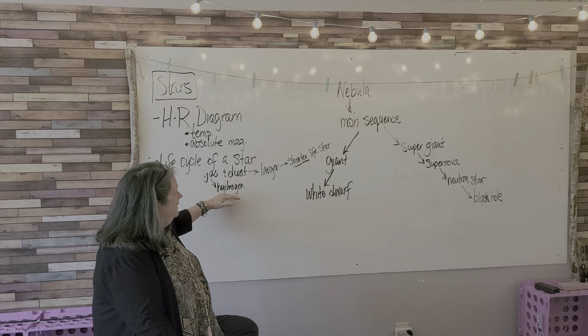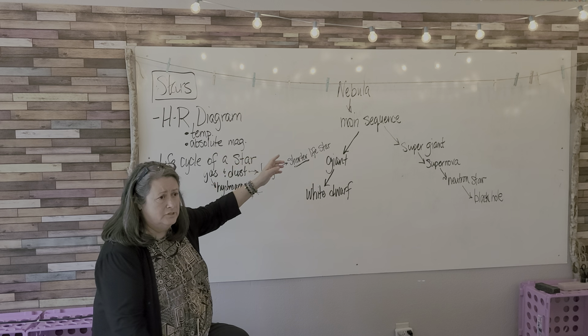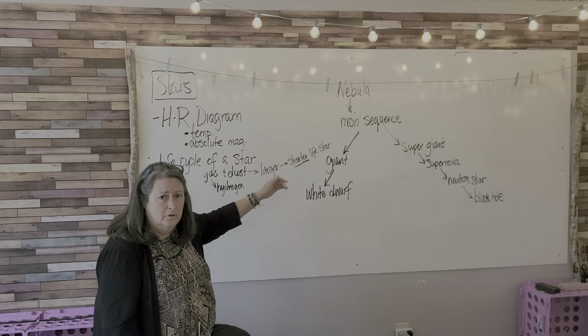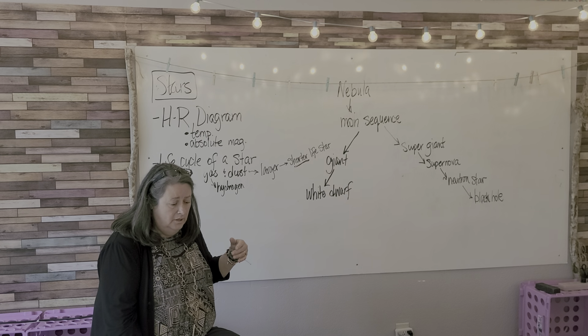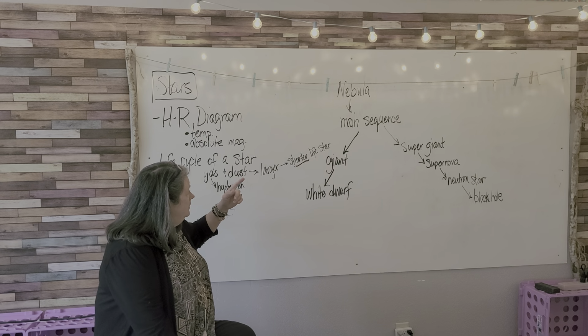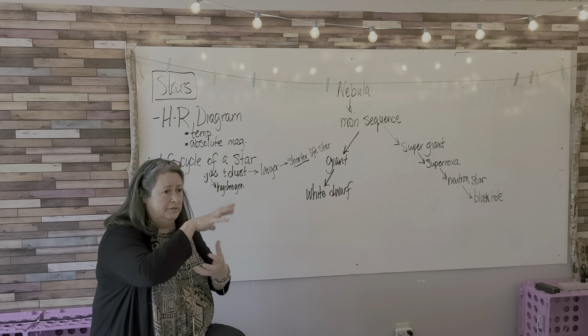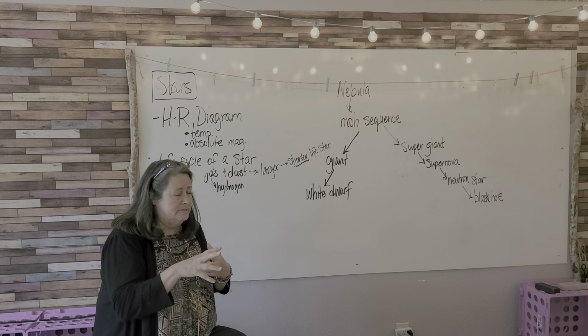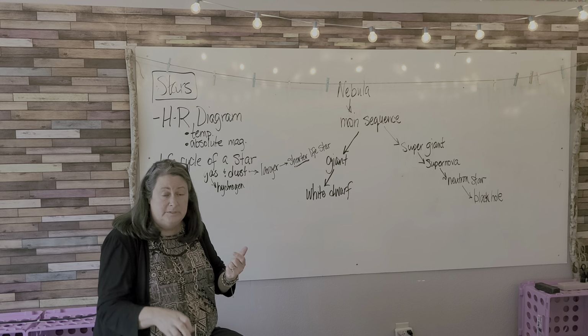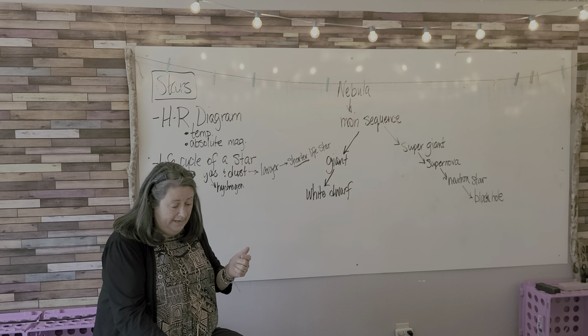So in looking at the life cycle of a star, it begins with a nebula, which is a cloud of dust and gas. As the hydrogen and the dust are rotating around, producing heat, sometimes these temperatures get up really high.